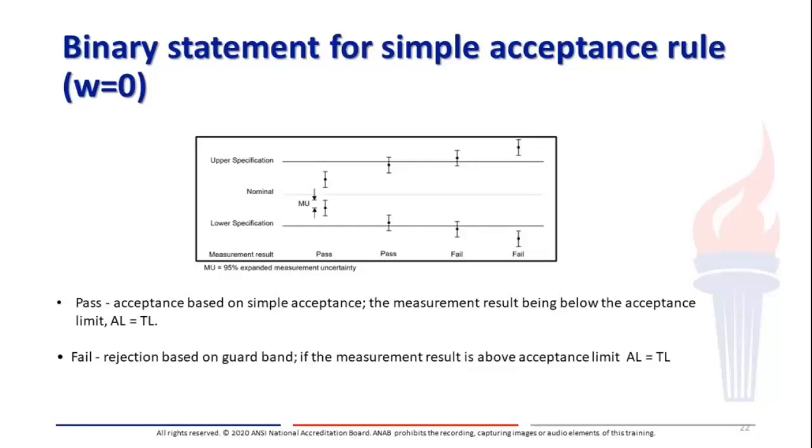But if we look at it from the requirements of the standard, we extend the uncertainty to that, then there's that possibility and that probability that we're falsely accepting that measurement result, because the extension of uncertainty takes us beyond that specification limit. In the same way with the fail side of things.